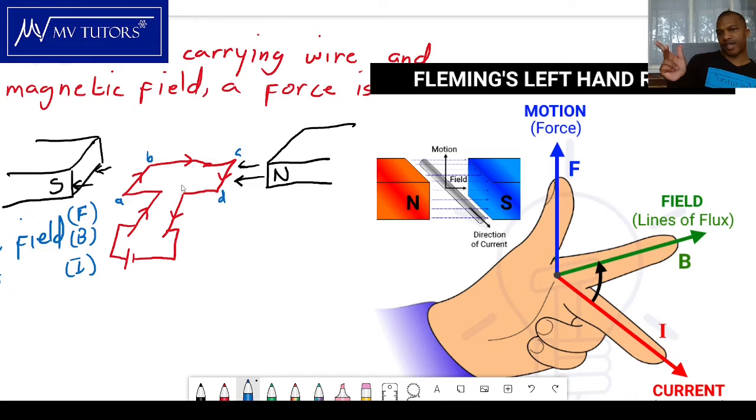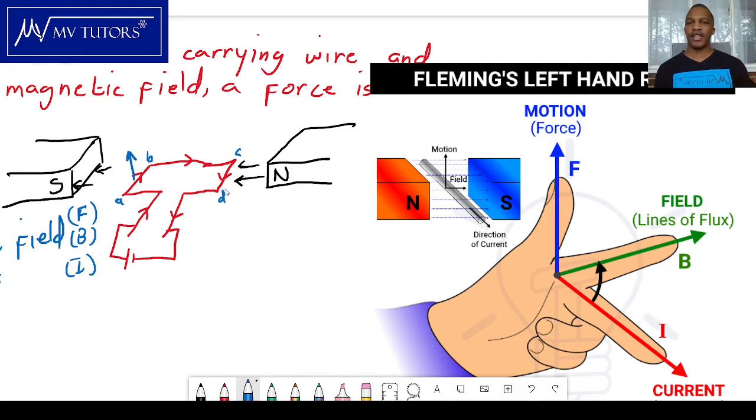Which way is our magnetic field? Moving from north to south, so it's moving that way. The magnetic field is moving that way, and the current is moving that way, which means the force on this wire is going to move up.